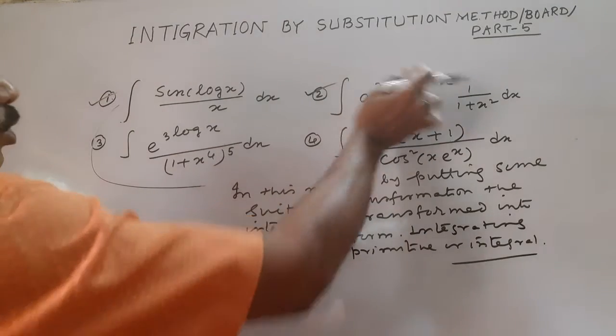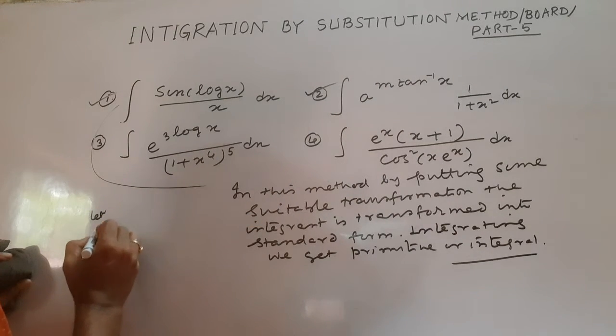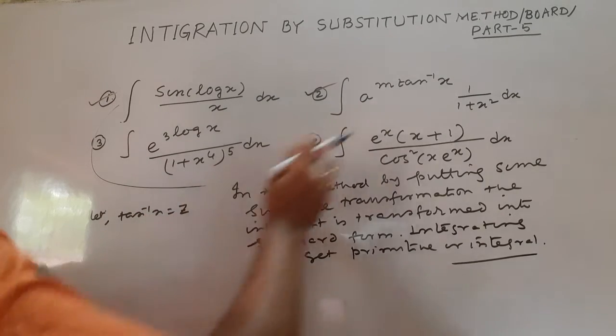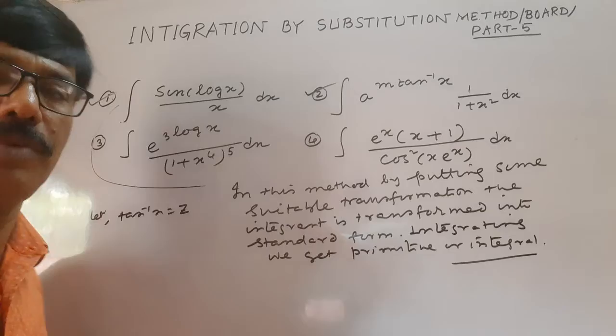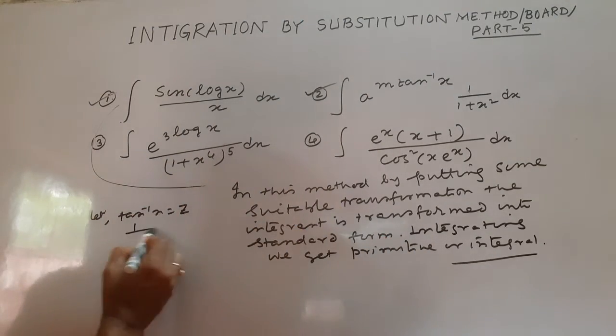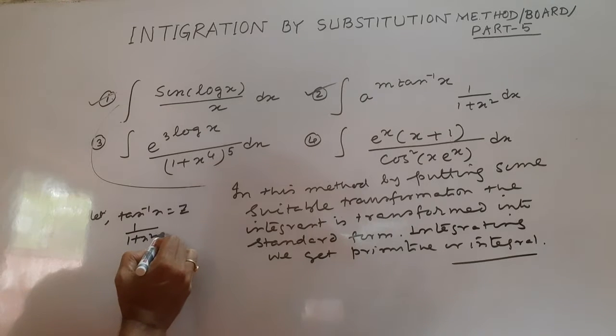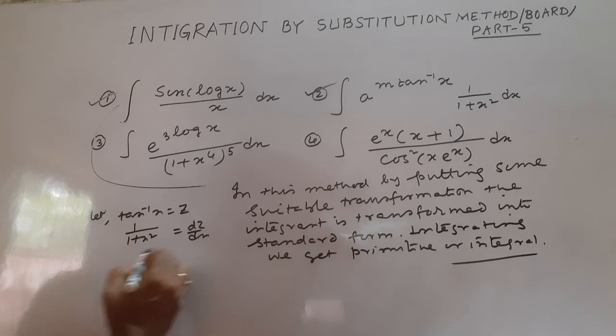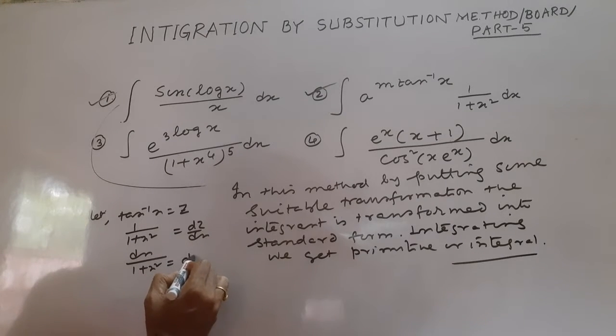Let tan inverse x equal z. You can also put m tan inverse x equals z. So differentiating, 1 by 1 plus x square equals dz by dx. So dx by 1 plus x square equals dz.